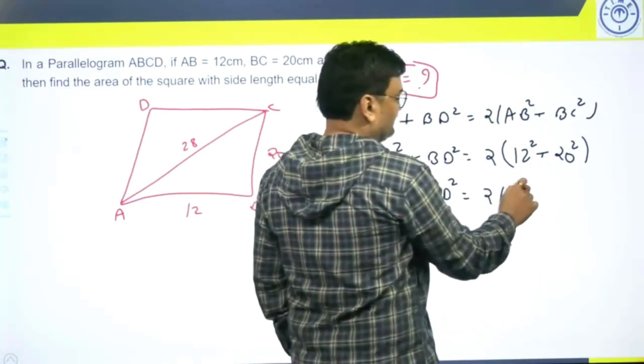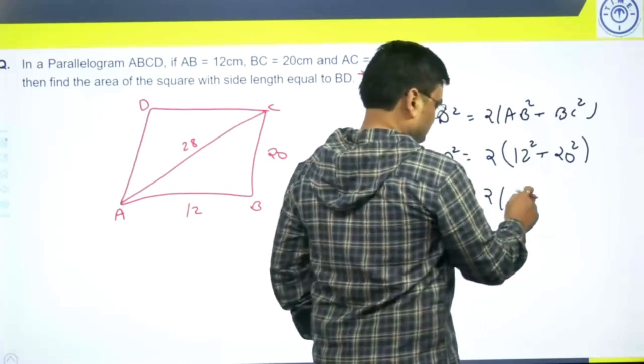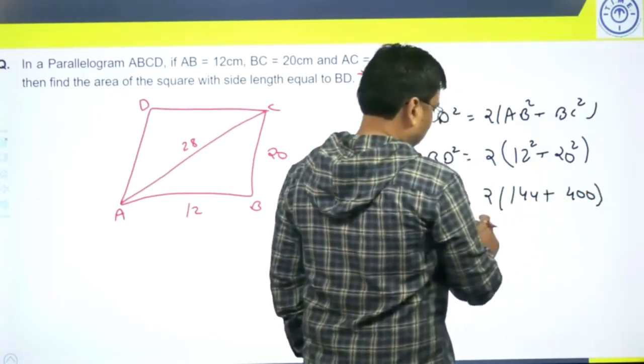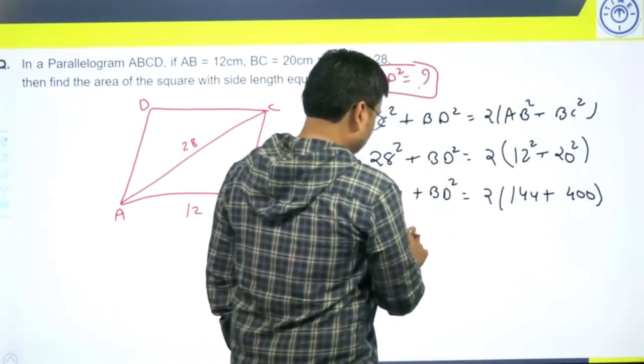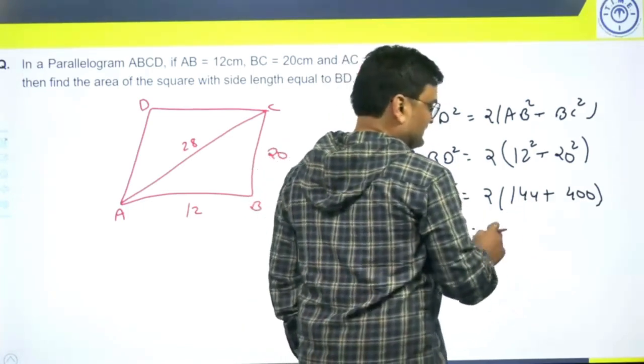Twice 12 squared is 144, plus 400, so this is 544 inside. Twice this is 1088.